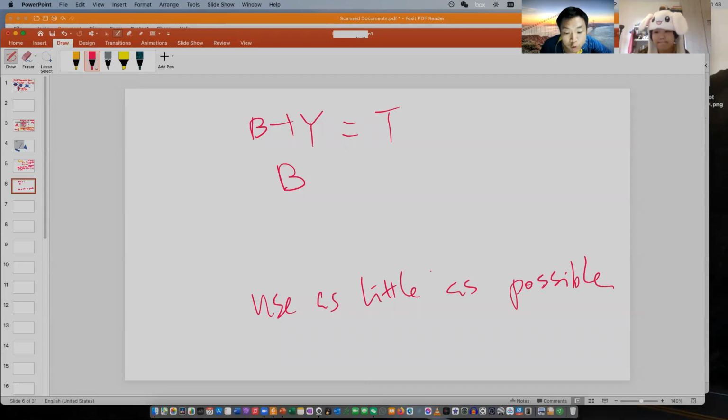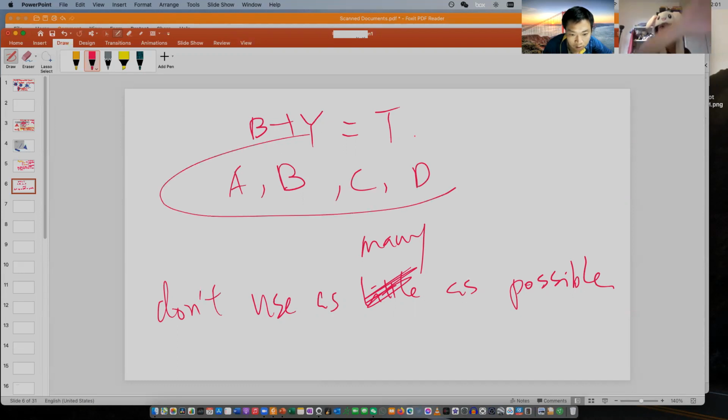You don't use as many as possible, because the more letters you use, let's say you have A, B, C, D, you are going to get a very, very complicated solution. You don't want to complicate things.